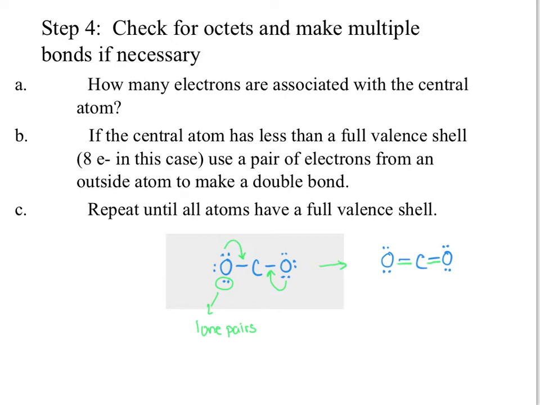And so now if I count my number of electrons around each atom, I find that I have around this oxygen 2, 4, 6, 8, and around this oxygen 2, 4, 6, 8, and now around my carbon I have 2, 4, 6, 8. So every atom in my structure has 8 electrons.